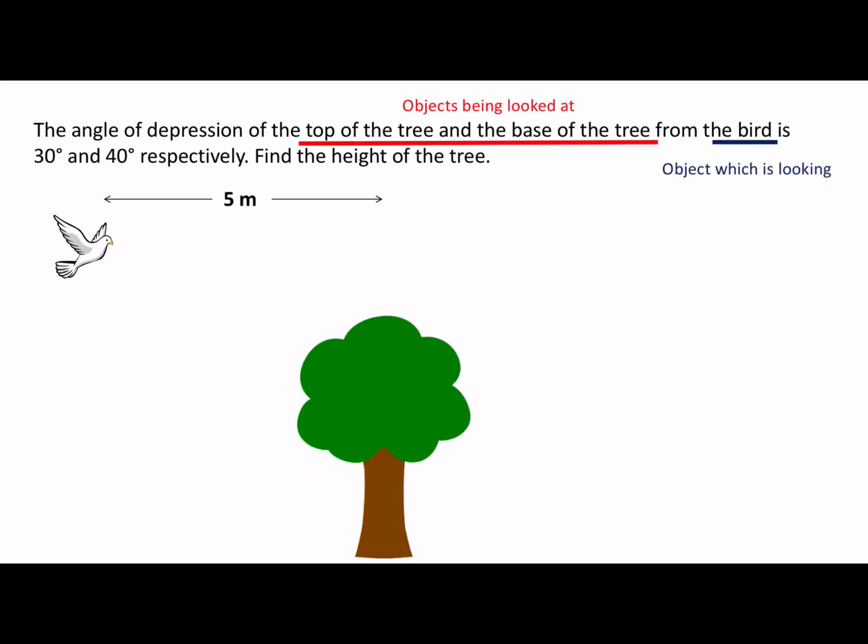So at the bird, you draw a horizontal line. Since there are two objects being looked at, you need to draw two right angle triangles. So first, let's draw the line of sight. This is the 30 degrees, and the other line of sight, this is 40 degrees. Now, can you see two right angle triangles formed here?